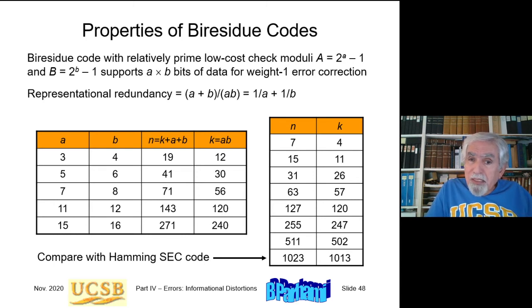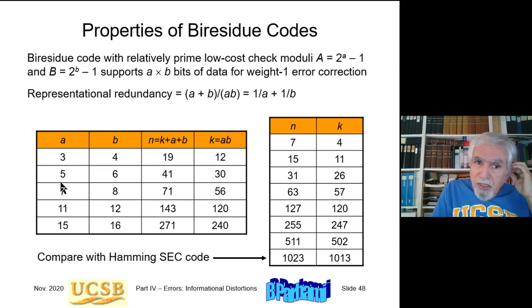Okay, so if you want to have more than 12 data bits, then you have to use different a and b. So for example, if you choose lowercase a and b 5 and 6, which means 31 and 63, which are relatively prime, then you can have up to 30 data bits.